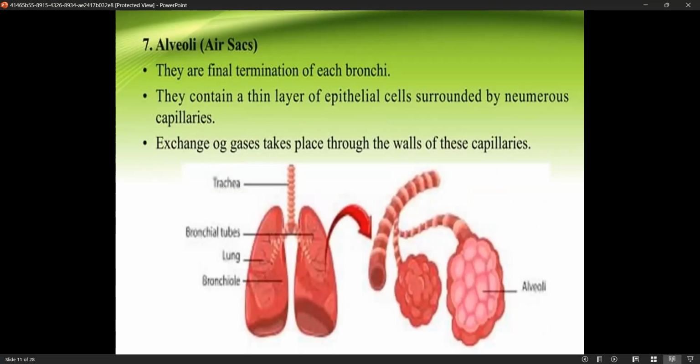Here you can see numerous capillaries attached with the bronchioles, forming the alveoli, which is the main center for exchange of gases between the body and the blood vessels. That's why it is called the structural and functional unit of the respiratory system.